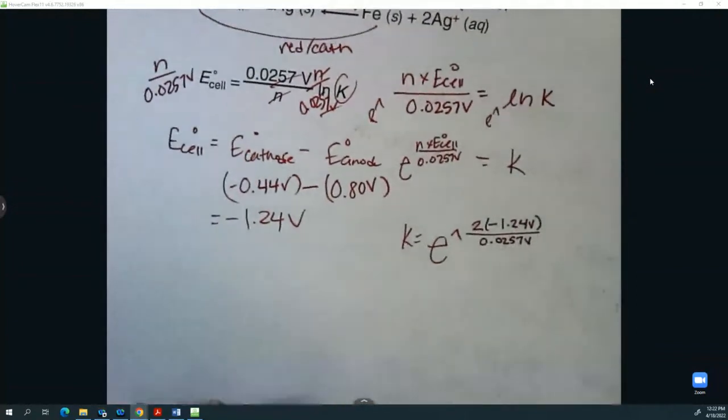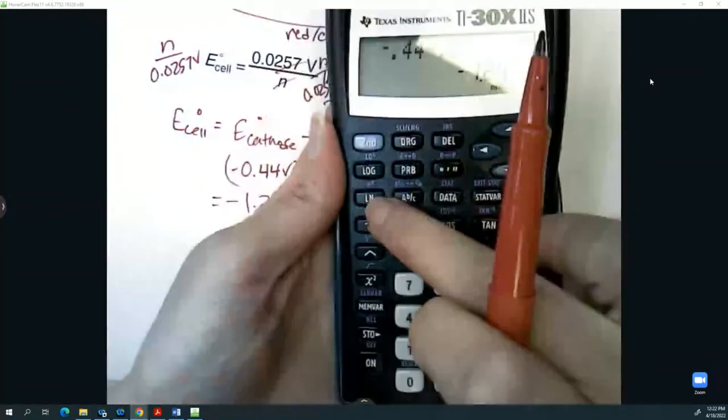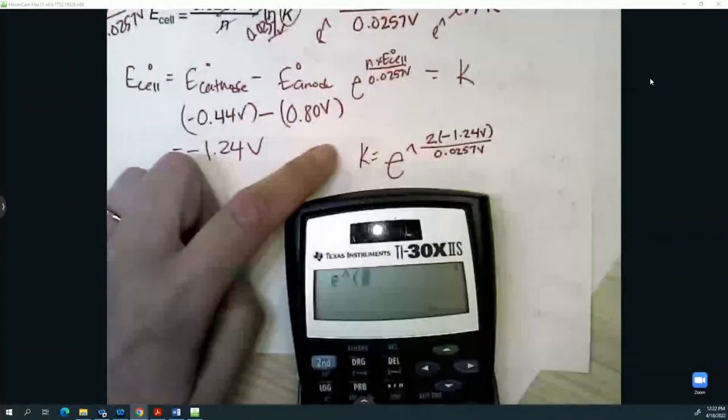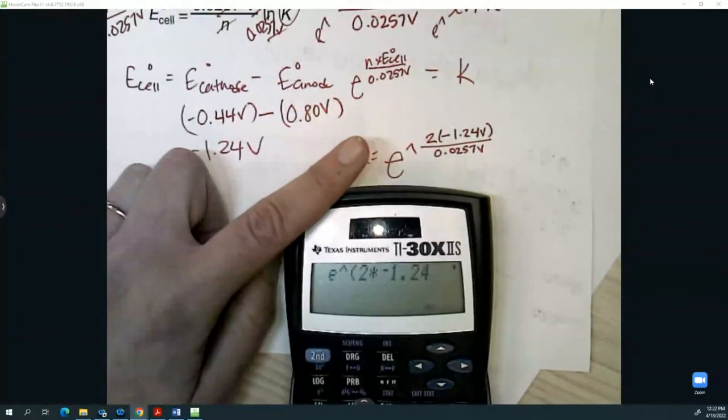So the volts cancel, and it'd be the e to the on my calculator. It's the opposite of the natural log, so it's right on top of the natural log, second exponential. Then I can put all this in the parentheses together. 2 times negative 1.24 divided by 0.0257.